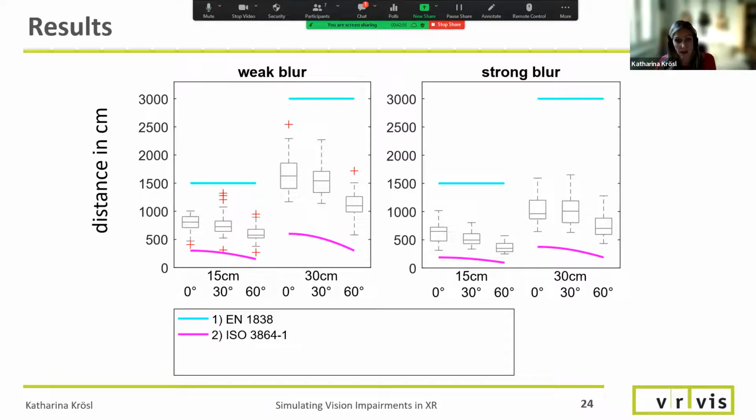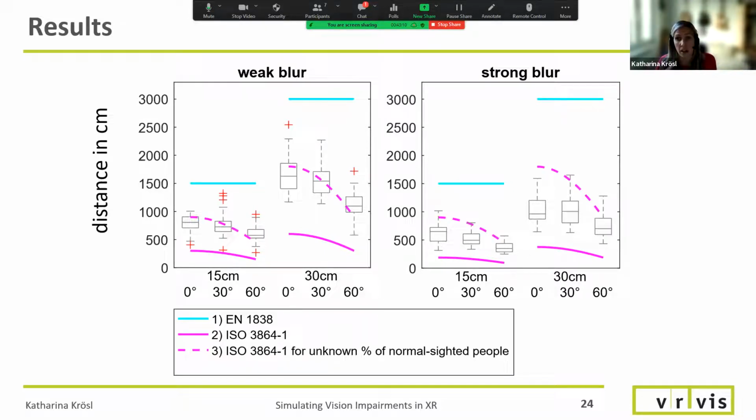And the same ISO standard suggests to just reduce the normal maximum recognition distance by 40% if the percentage of normal sighted people is unknown. And this is the pink dashed line.